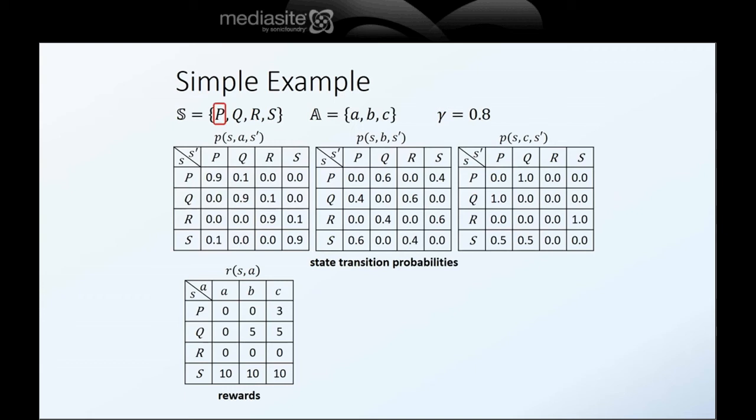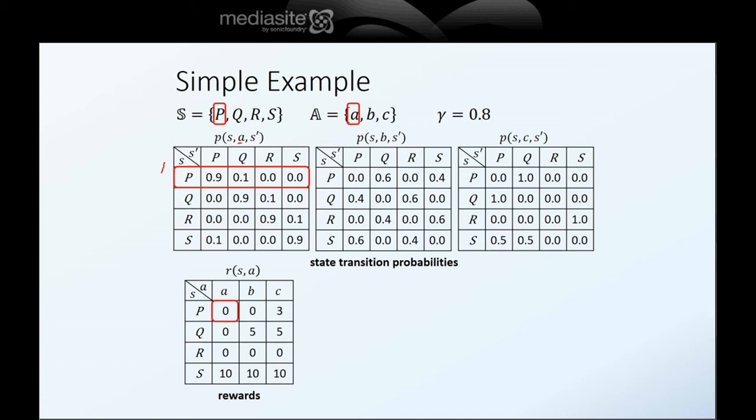And now, since we are looking for actions from state P, so that's our state here, and our first action is A. So for action A, we shall be referring to the first table, because that corresponds to action A, and the state is P. And so this is the set of transition probabilities to P, Q, R, and S being the next state.